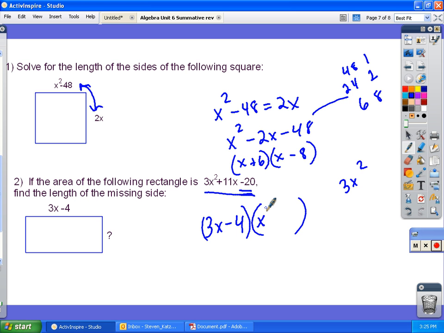What would you multiply negative 4 by to get negative 20? So we're thinking it might be a positive 5. Let's see if this works out. Let's see if the FOIL works. The middle term, you would end up with negative 4x, and if you multiply the outside, you get positive 15x, and there you'd end up with 11x. So this must be it.